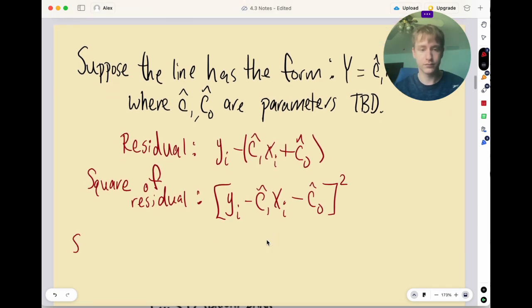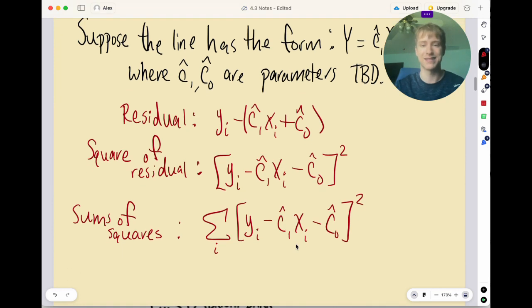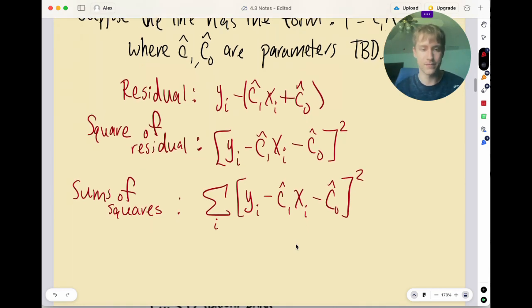So sums of squares of the residuals, well, that's going to be summing over all data, which we're just going to assume is i, of this quantity y sub i minus c1 hat xi minus c0 hat, all squared. We want to try to then minimize that. So that's kind of the last step.